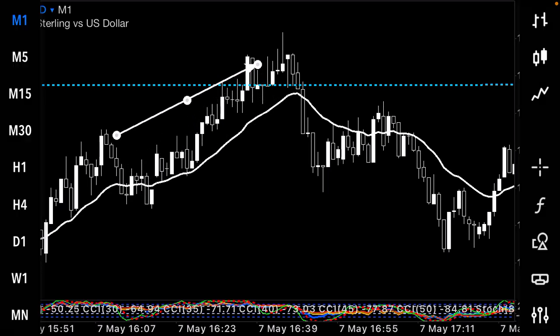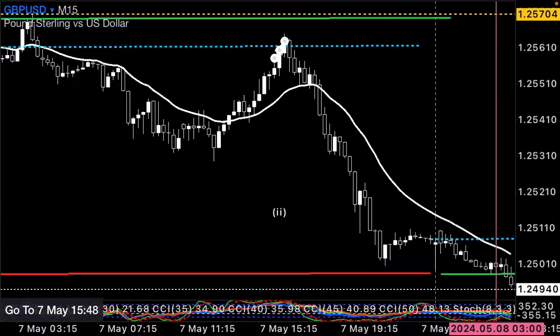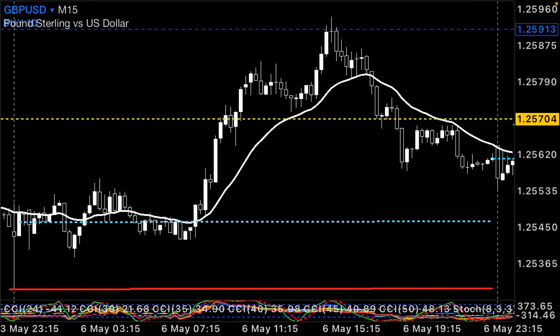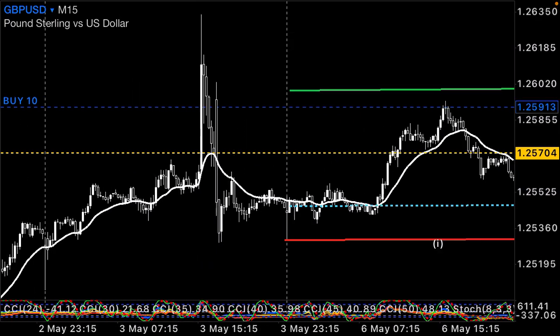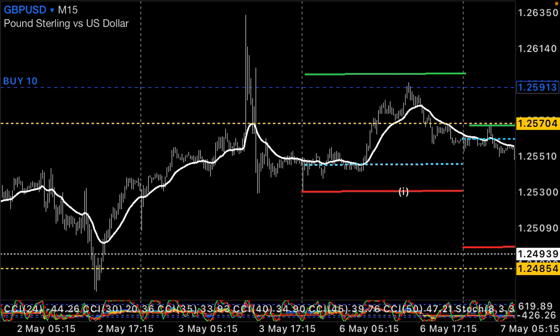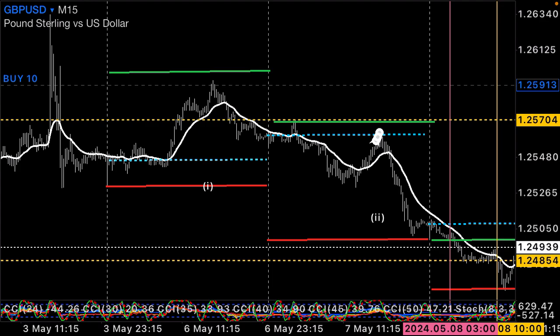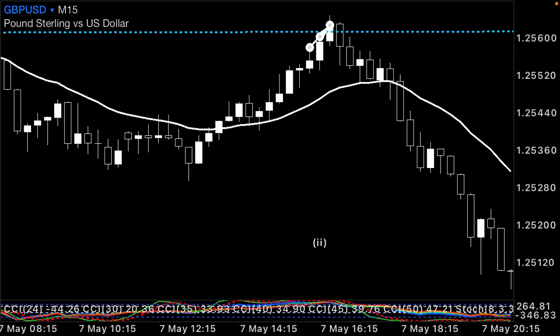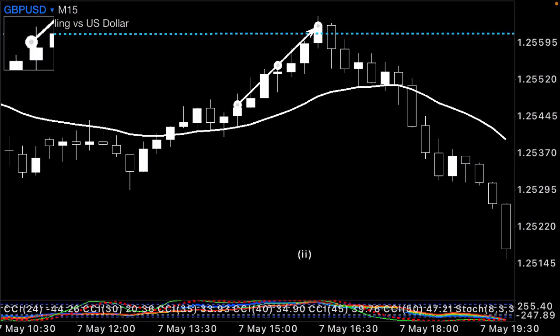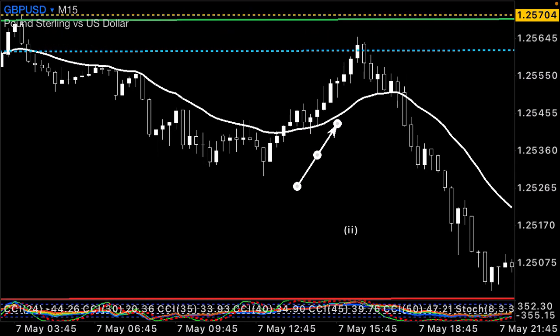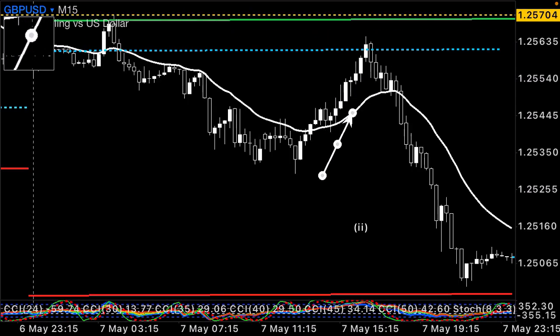Now, going back to the 15 minute. Day 1, day 2. Little arrow going again. So that would have been the entry point right there.